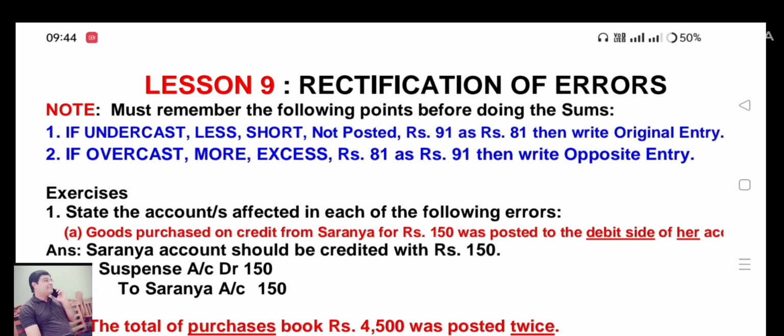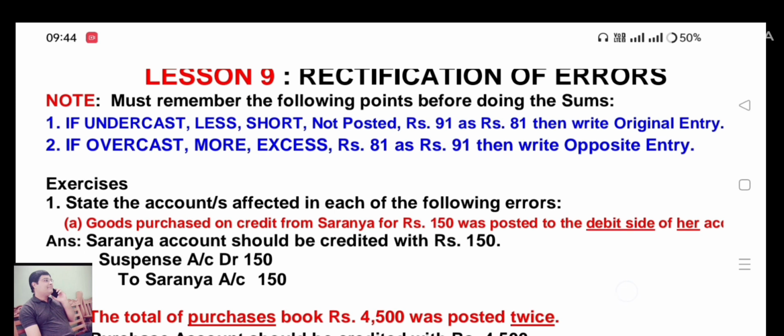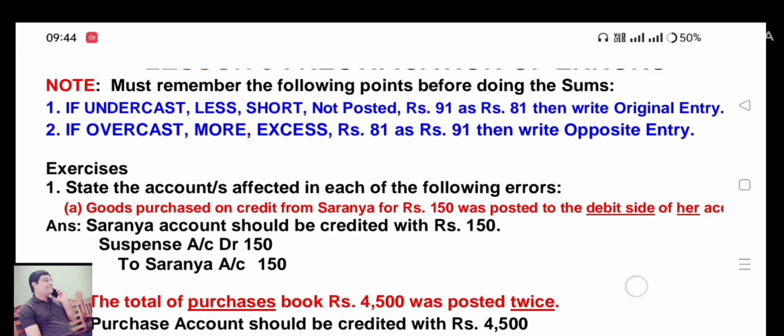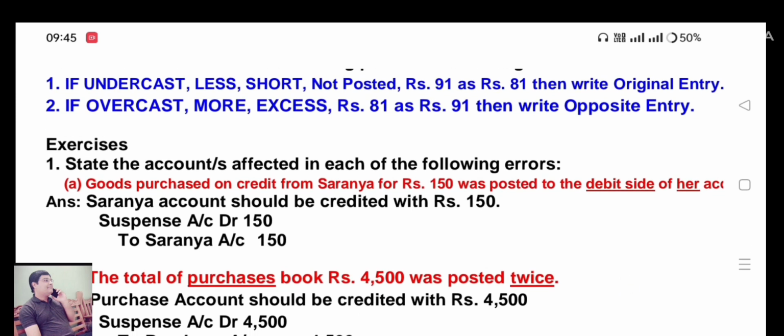First point, in the question, if it is given under cost, less, short, not posted, or rupees 91 written as rupees 81, then write the original entry. Always write the original entry.